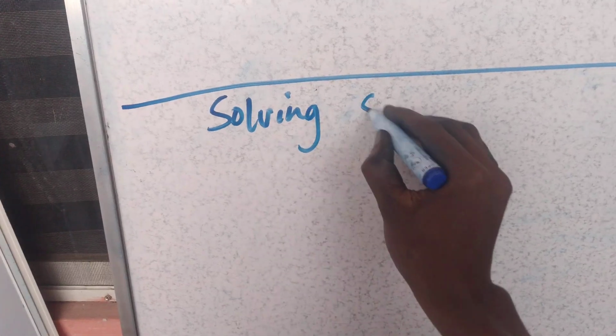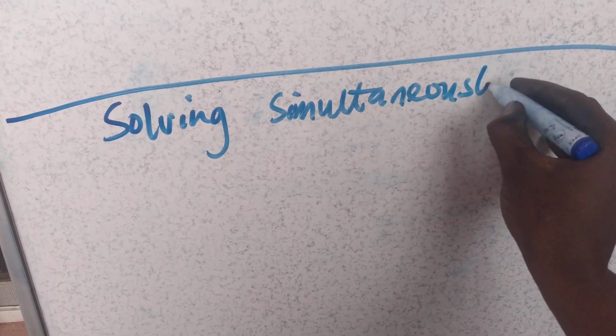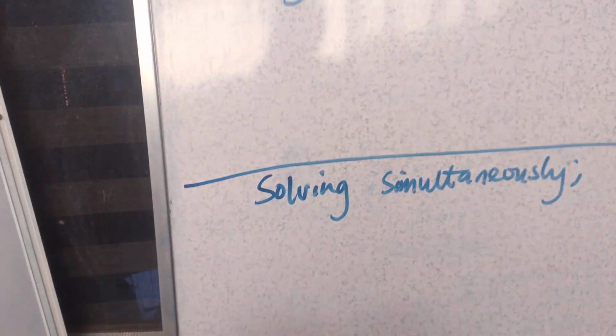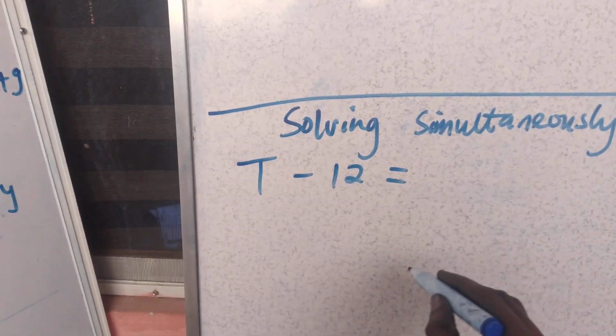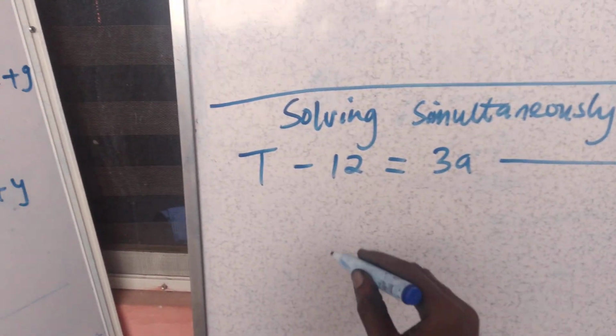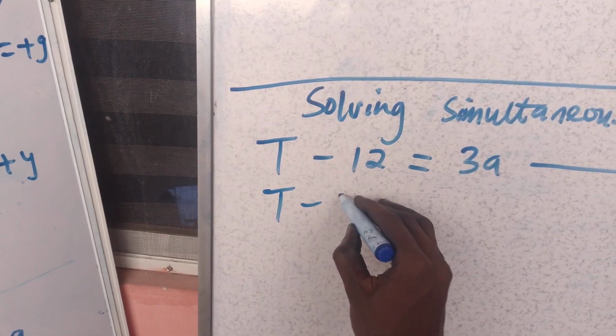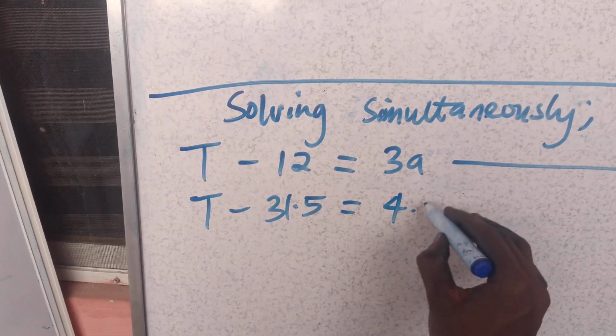Solving simultaneously. Take equation 1 out. Equation 1 is T minus 12 equals 3a. Equation 2 is T minus 31.5 equals 4.5a.